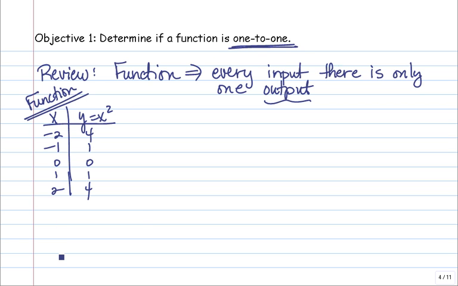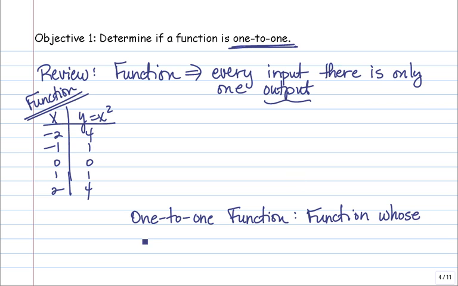A one-to-one function means this. It is a function whose y values do not repeat.